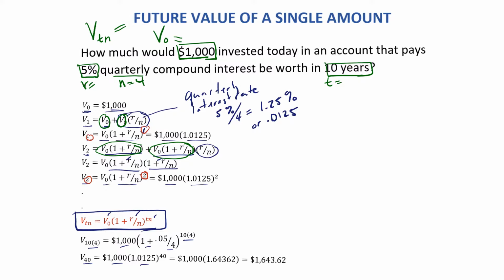And that's just rewritten here, 1.0125 raised to the 40th power. And that amount, 1.0125 to the 40th power, computes to 1.64362. We refer to this as a future value of single sum factor.